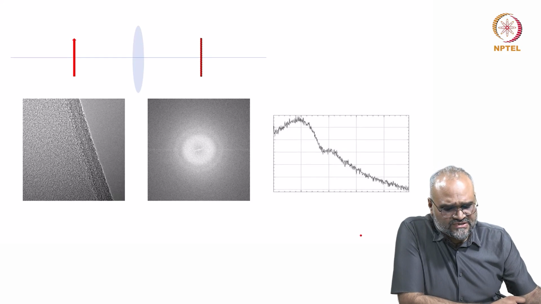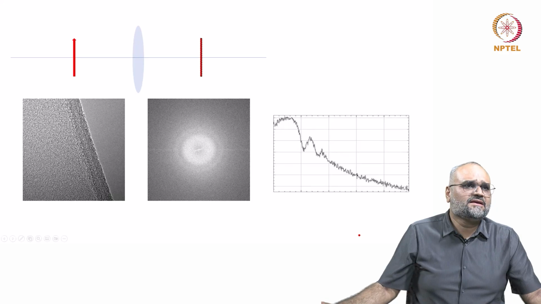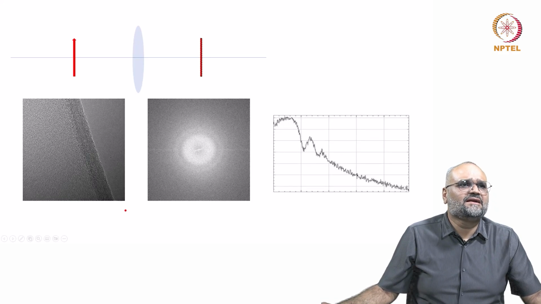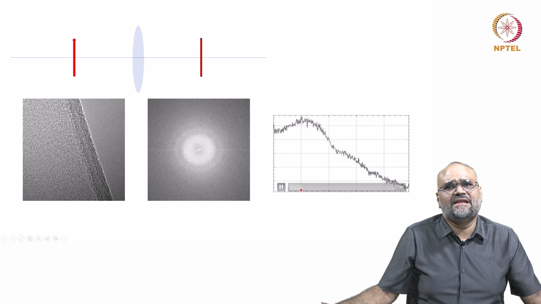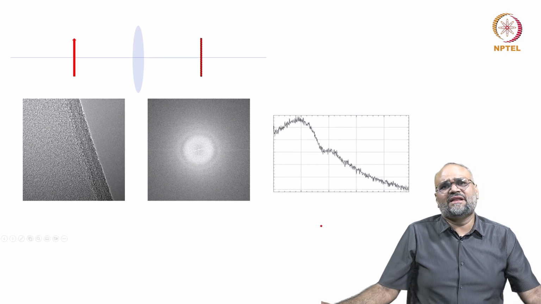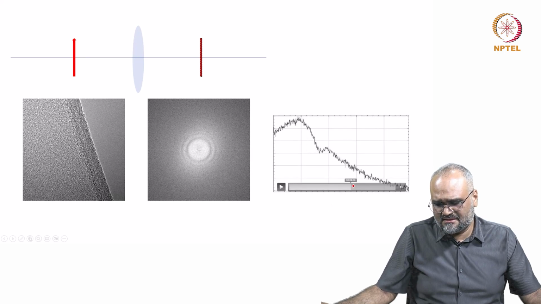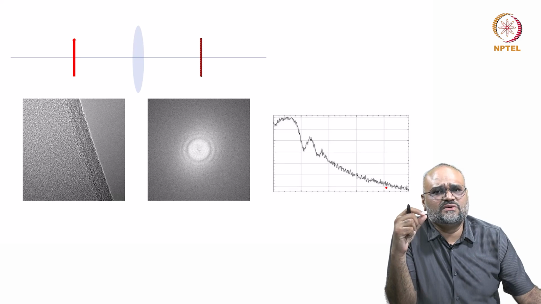I can visualize as a consequence of change in the focus how my contrast in the image here is changing, and likewise how the contrast transfer function is varying. And this looks very similar to the graph that I showed you earlier.